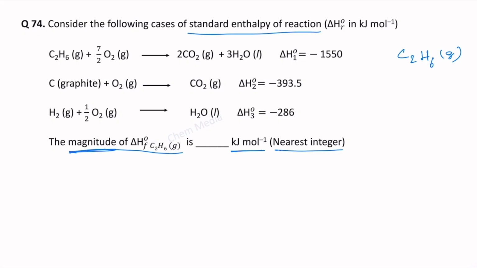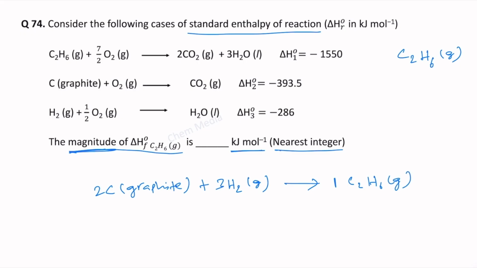How can we get 1 mole of C2H6 gas? If we have 2 carbon, which exists as graphite in the standard state, and hydrogen, which exists as H2 gas in the standard state, then we can get 1 mole of C2H6 gas. Now think about how we can get 1 mole of C2H6 from these 3 equations.